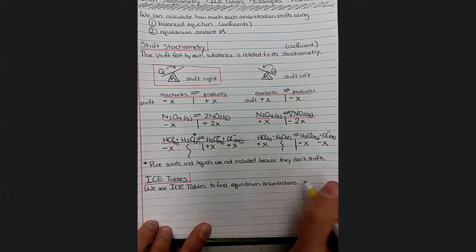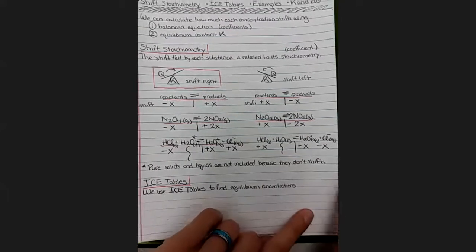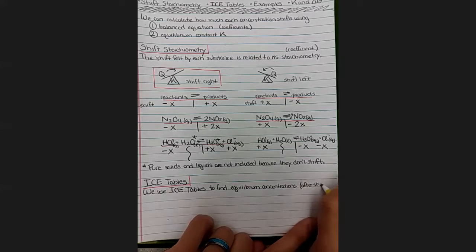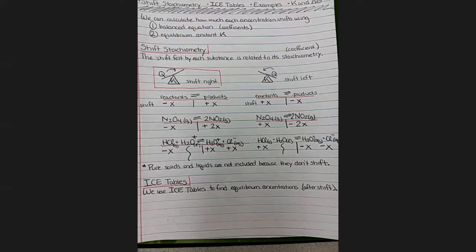And remember, when we had our 3 steps, we added a stress, the system shifted in response to it, and then we reached equilibrium. So this is what the concentration looks like after the shift, after the punch back occurs.